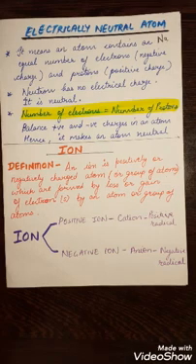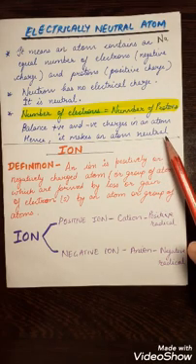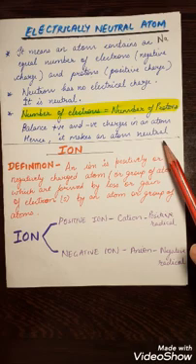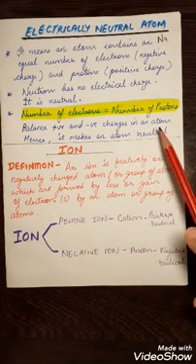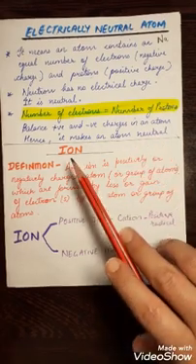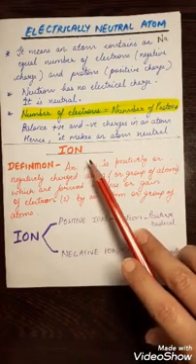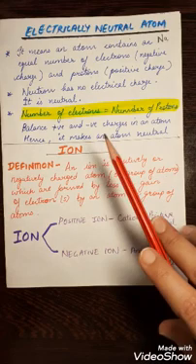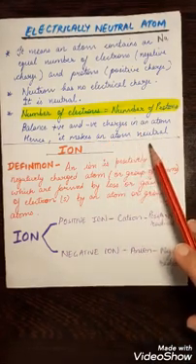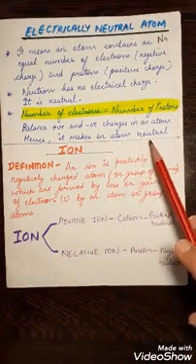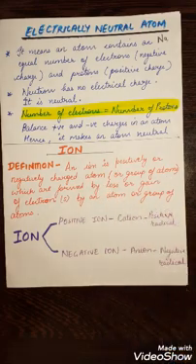So when a neutral atom enters into a chemical reaction, it loses its neutral nature and becomes an ion because of the loss or gain of the electrons to become stable.